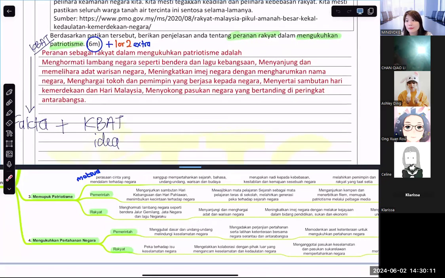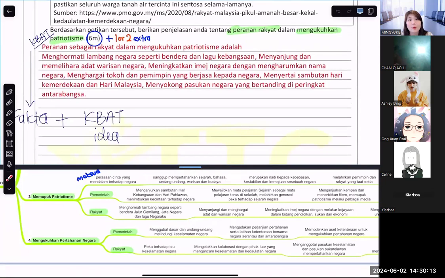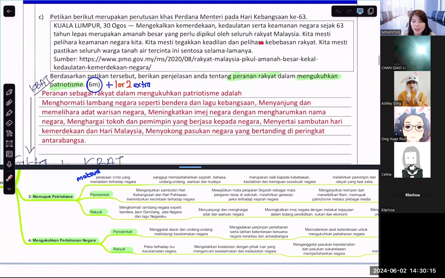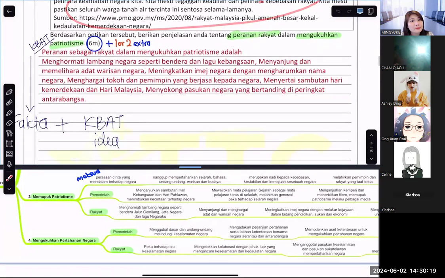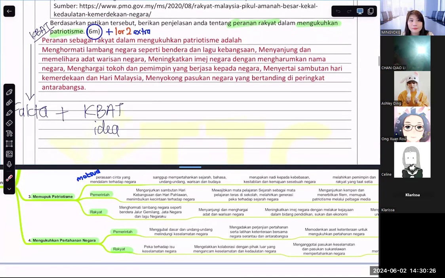Because it's KBAT, you can give your own idea, according to the petikan here. Next.